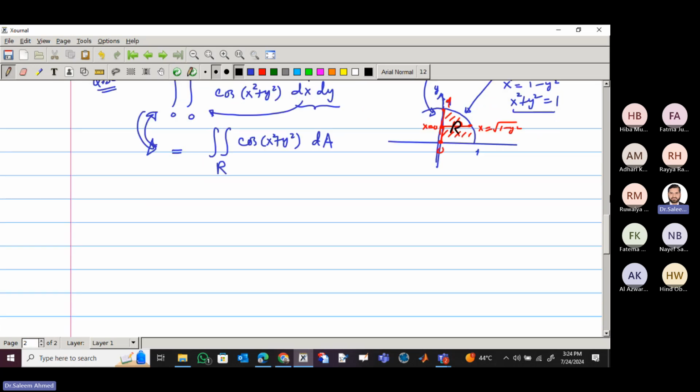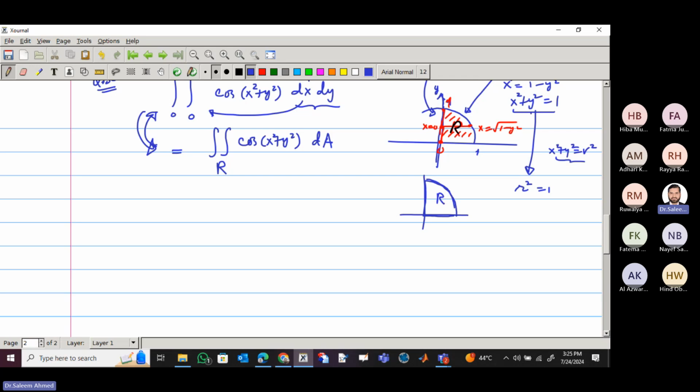Now because I have to convert this to polar coordinates, I will write this region in polar coordinates. Let's make this region again. This is a circle of radius 1, right? We are starting from these two angles. Now take it as a polar region R. You know that this circle becomes r square equal to 1 because x square plus y square is r square, right?